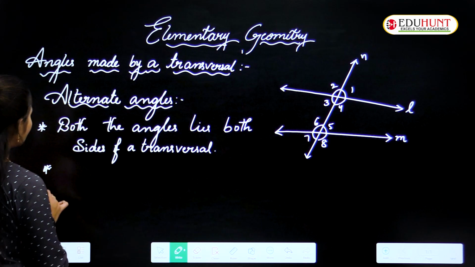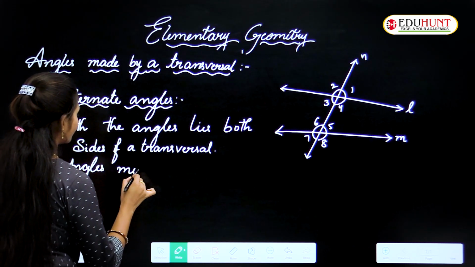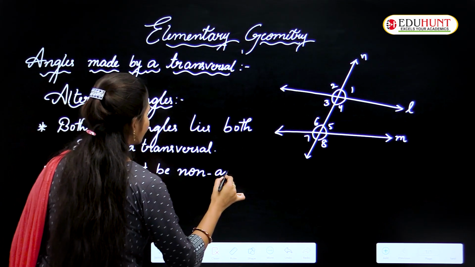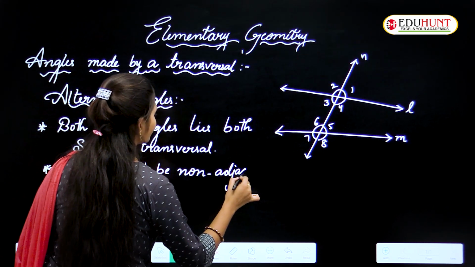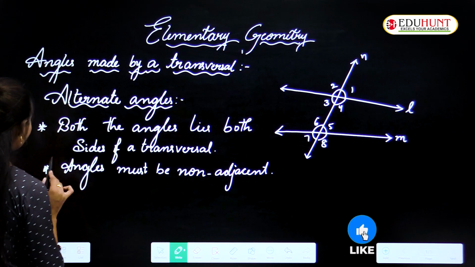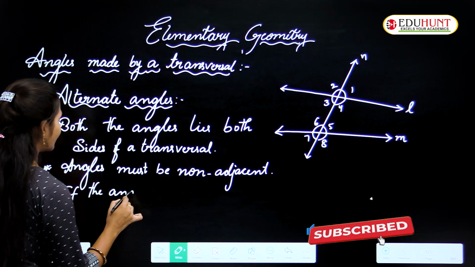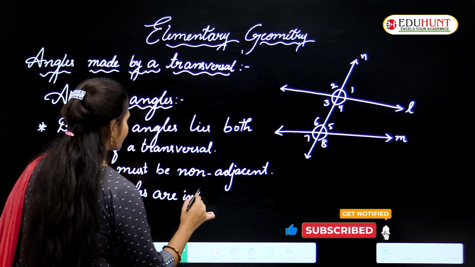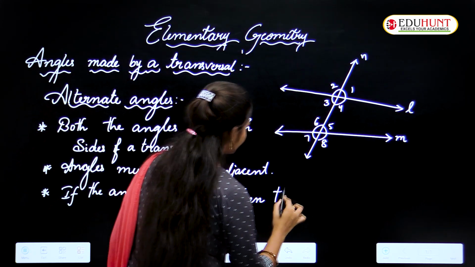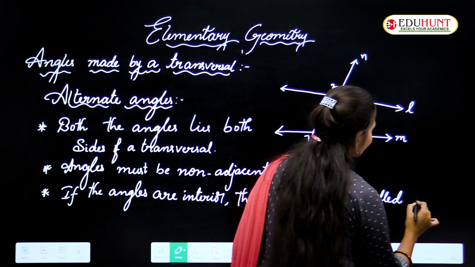Next point is angles must be non-adjacent. That is the second point. And the next one, if the angles are interior, then the angles are called alternate interior angles.